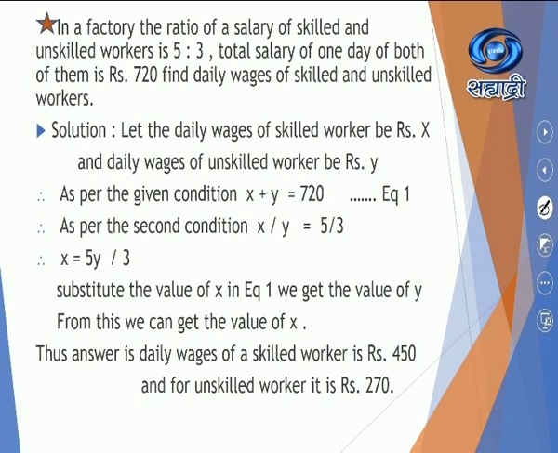Thus, the answer for this particular sum is that daily wages for the skilled worker is rupees 450 and for the unskilled worker it is rupees 270. Up to this, you are very much able to solve the sum with any method that you are comfortable with, so I have not included those steps over here. Once your equations are properly set, you can solve the numerical very well.